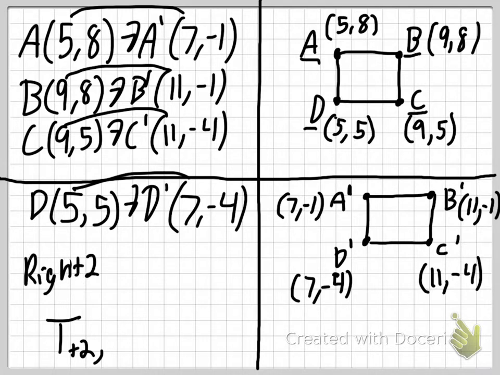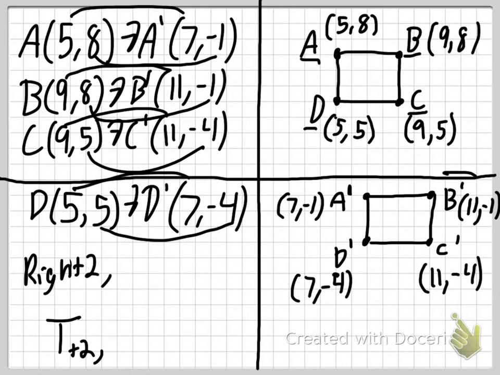So right 2. Then we need to look at the y's, and what happens with the y's. Well, it looks like we go from 8 to negative 1, so we went down. We went 8 to negative 1. We went down again. 5 to negative 4, 5 to negative 4. So to go from 5 down to negative 4, we have to go down 9.